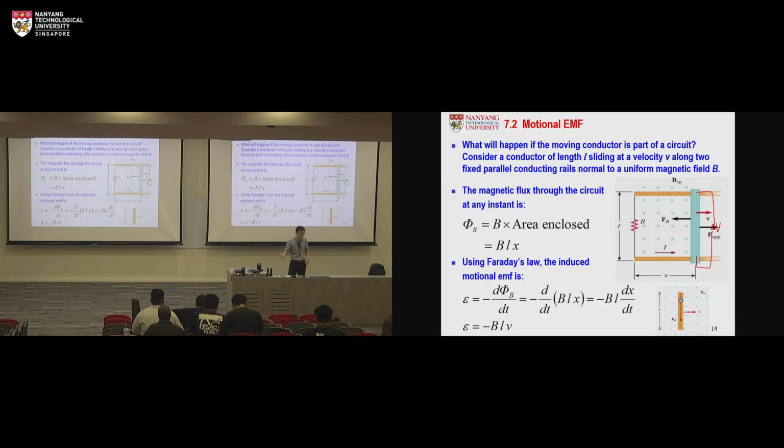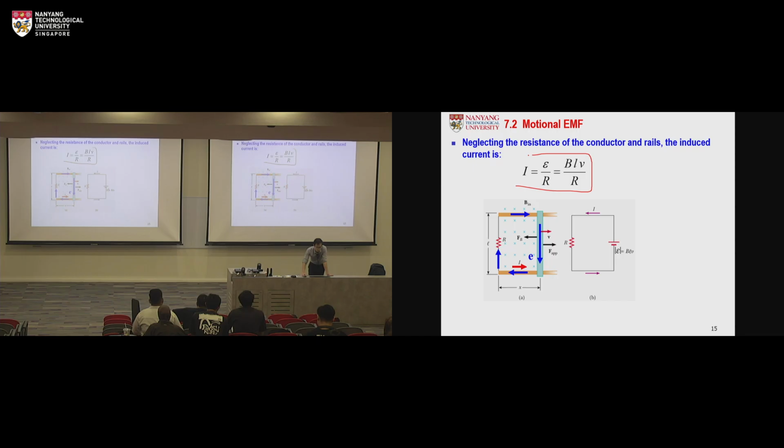So if you connect this kind of moving conductor to an external circuit, let's say this kind of simple resistor, then you will have a current flow inside this circuit, right? Effectively, now you can just consider this to be a battery. And you have a potential difference, you have a resistance, then you can get the current flow inside this loop or inside this circuit. Right.